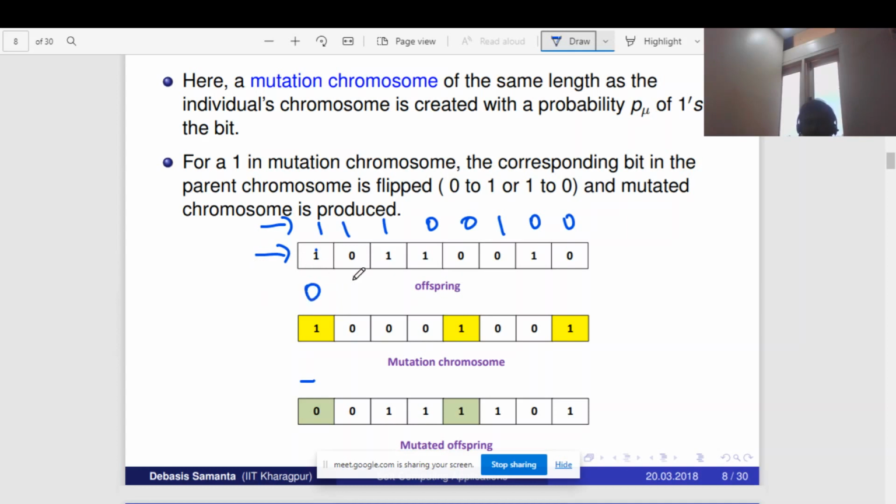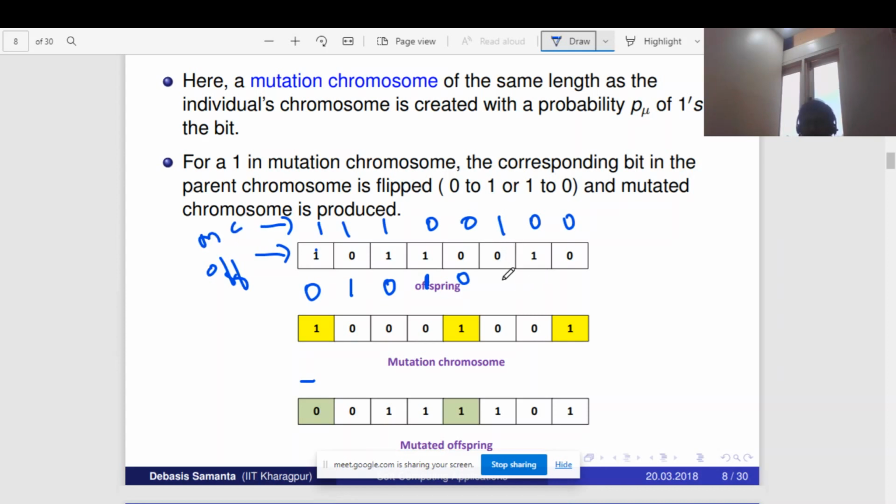0, 1, next is... No, this position is what? This is the offspring. This is the mutated chromosome.